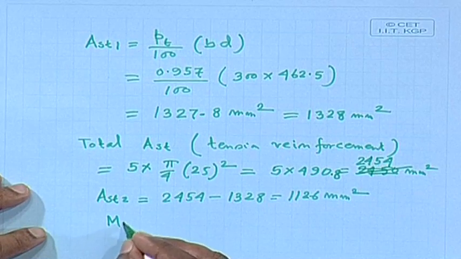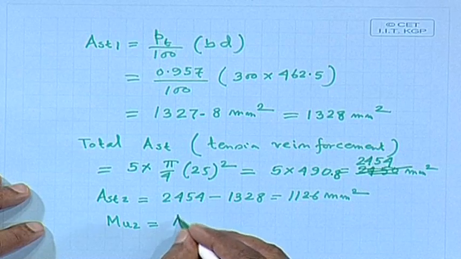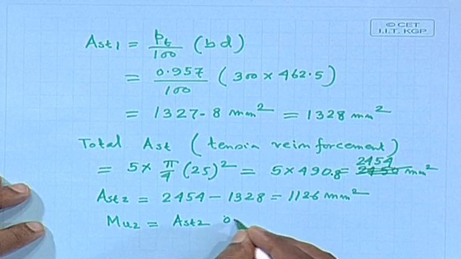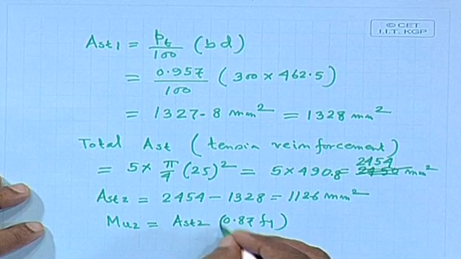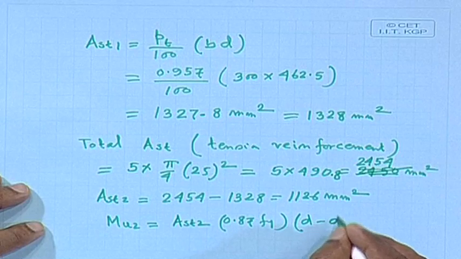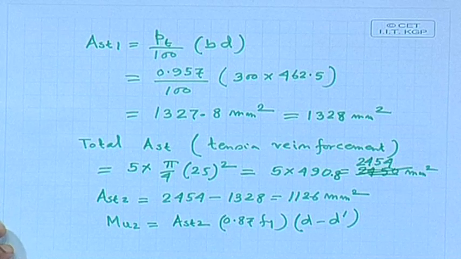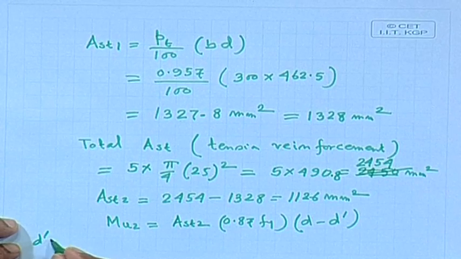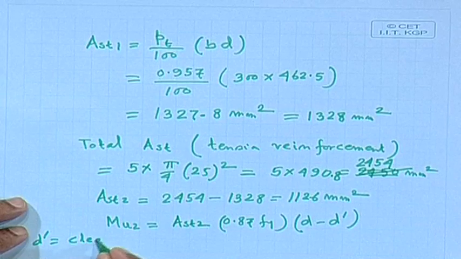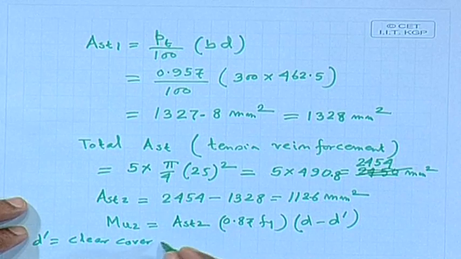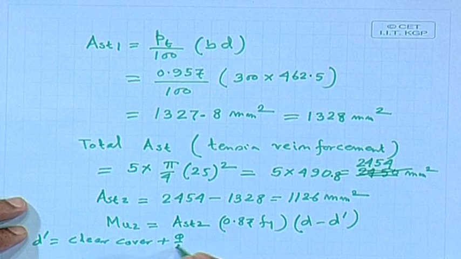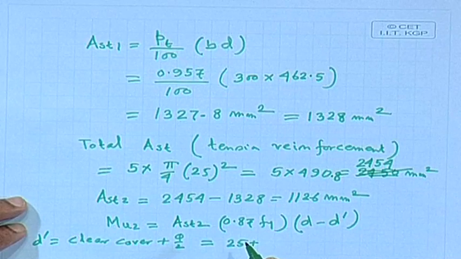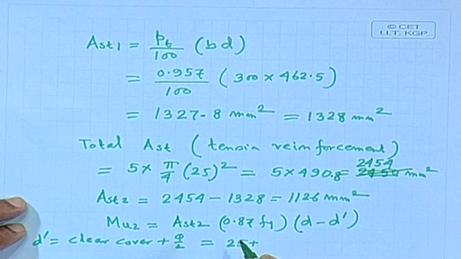Mu2 will be equal to AST2 times 0.87 fy times d minus d dash. d dash equal to clear cover plus, let us say 5 by 2, which comes as 25, plus, and the top 3 numbers of 20 diabar at the top.